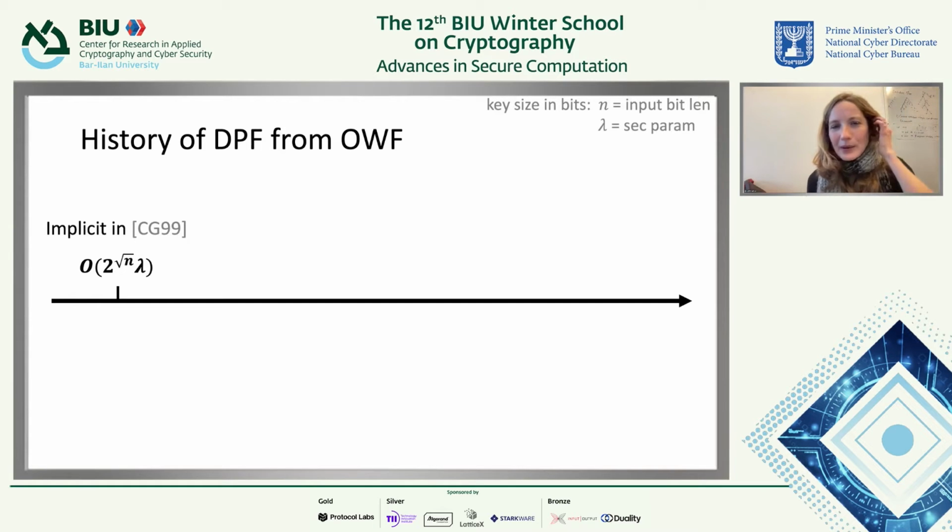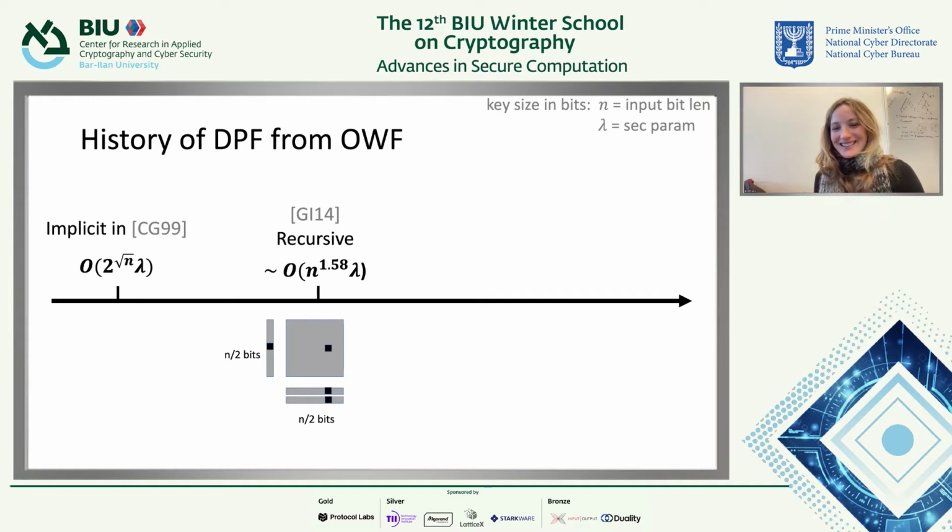Okay, so explaining what I'm writing here, the numbers are going to be the size of one of the function shares. And remember that I'm maintaining that n is the number of bits of input for the function, and lambda is the security parameter. So the first time the term distributed point function was coined, this was a work of Gilboa and Ishai, before my time, slightly before I entered the scene in 2014. They showed a really cool recursive version of this, where very loosely you can describe a point function as a tensor of two smaller point functions.